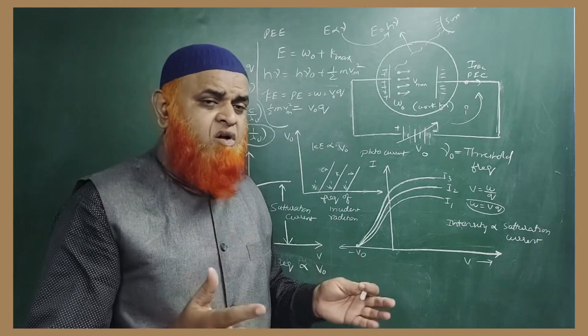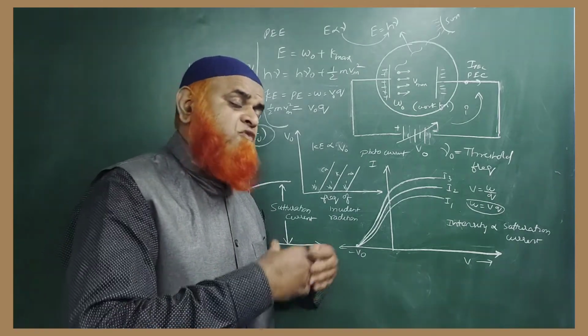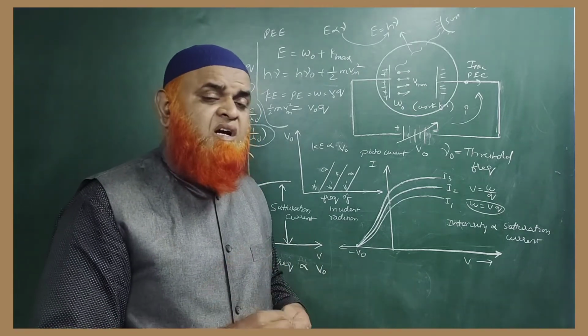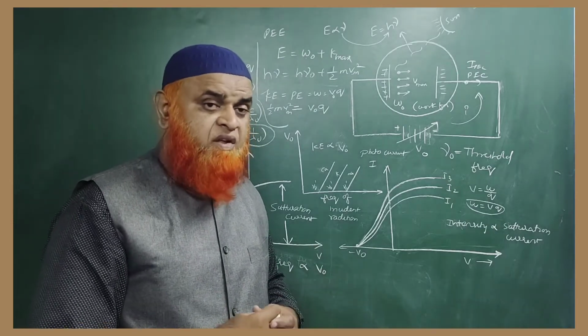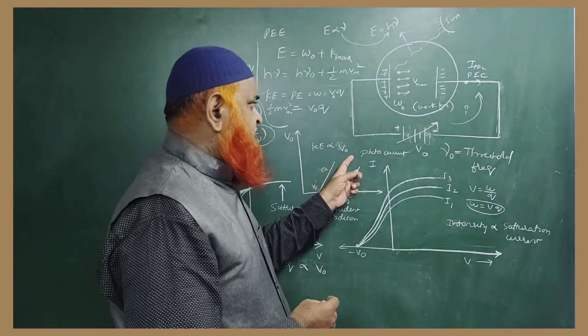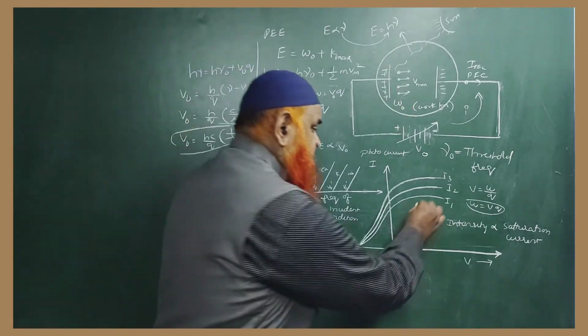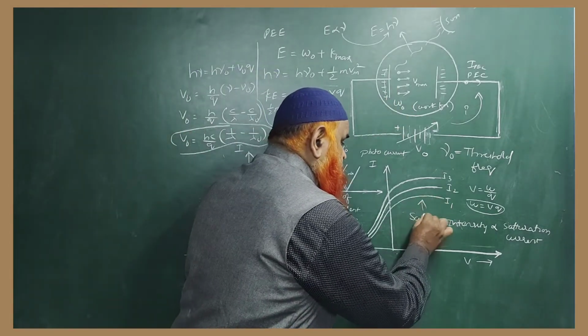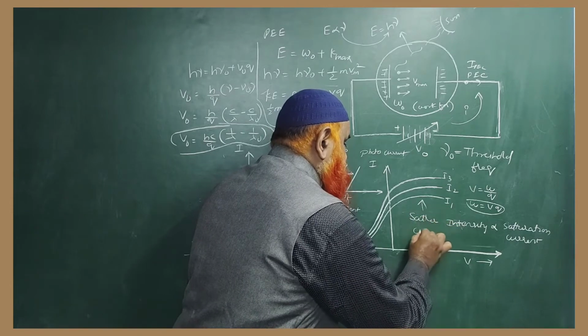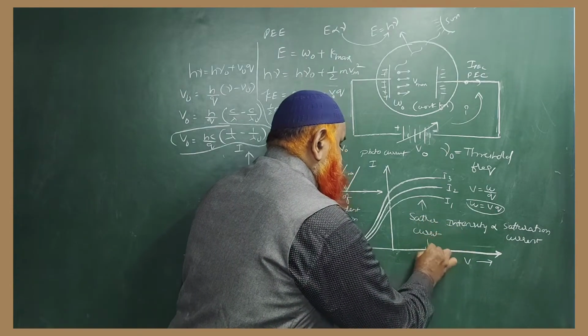The more the electrons, the more the flow of electrons, the greater is the electric current, which is called photoelectric current. So when intensity increases, the saturation current also increases.